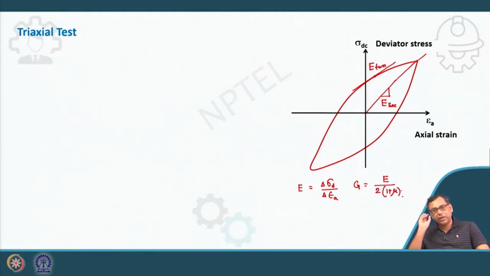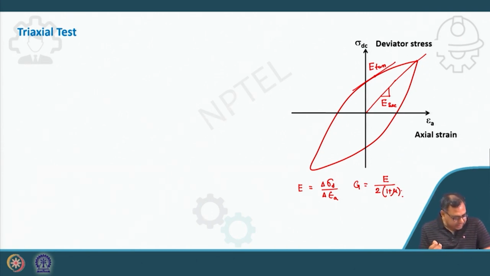It means first you calculate the E value, and in the same way you can calculate the E sec, the secant Young's modulus, then you convert it to shear modulus, and that way you can get the shear modulus from the triaxial test. But sometimes this triaxial data, this deviator stress versus axial strain, is converted to shear stress versus shear strain. How is it done?